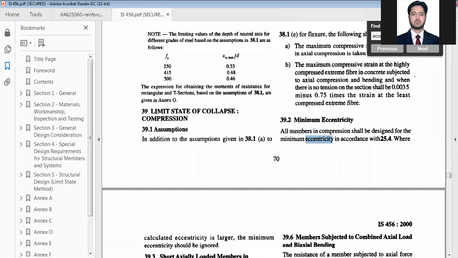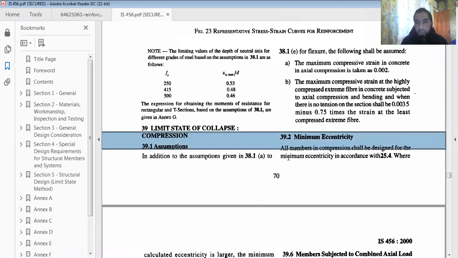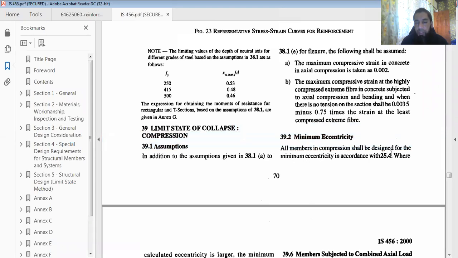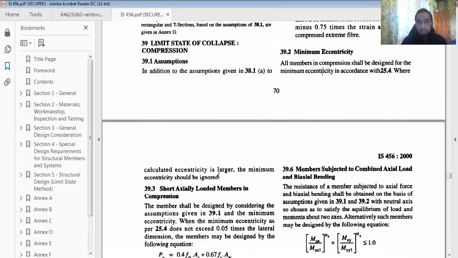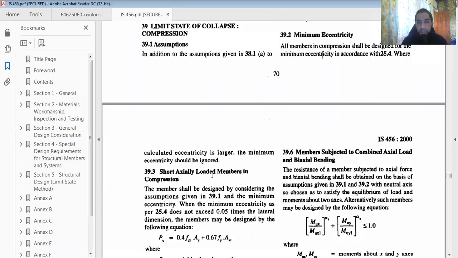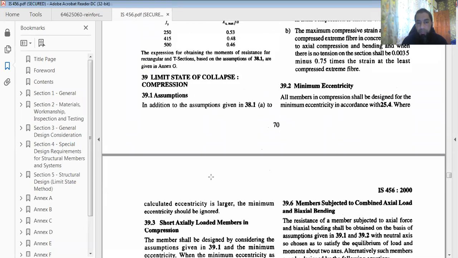It's given in the code that you have to maintain a minimum eccentricity. All members in compression shall be designed for minimum eccentricity, in accordance with 25.4, where calculated eccentricity is larger, the minimum eccentricity should be ignored.